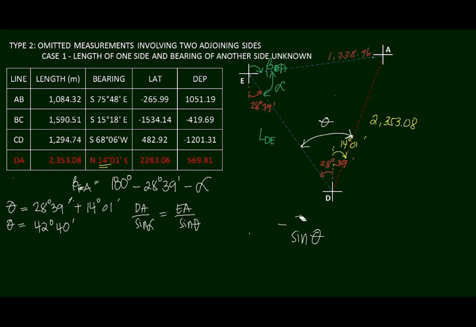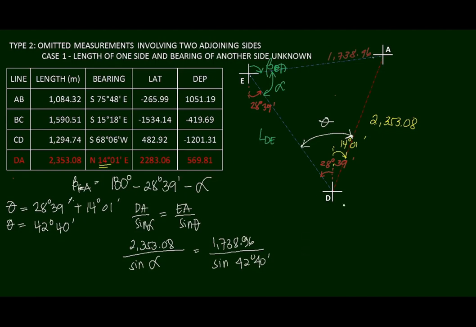So, again, the length of my DA is 2,353.08 over sine, wala akong value ni alpha, that is equal to EA is 1,738.96 over sine. My theta is 42 degrees, 40 minutes. So, I can solve the value now of my alpha.